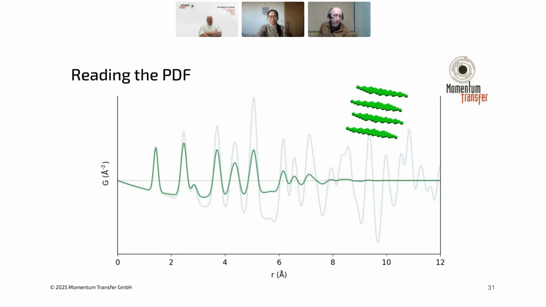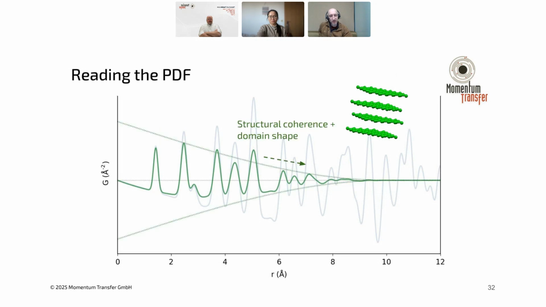Or if I hit a surface in a nanoparticle, there just is no further atom, and so there's no contribution of intensity in those ranges. So this decreases the peak intensities as I go to higher distances. And the shape of that damping profile has to do with the shape of the particle.